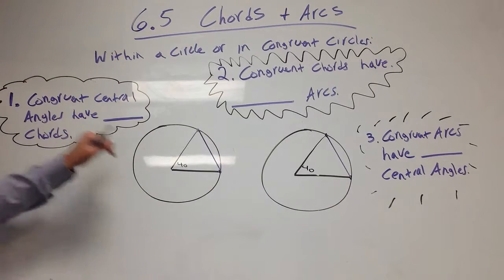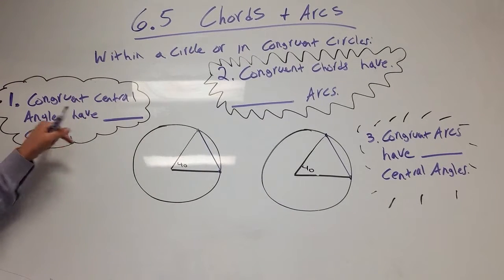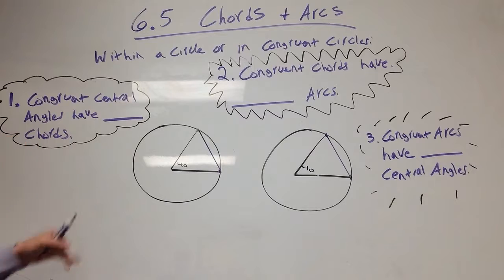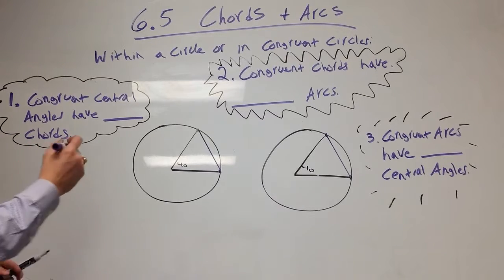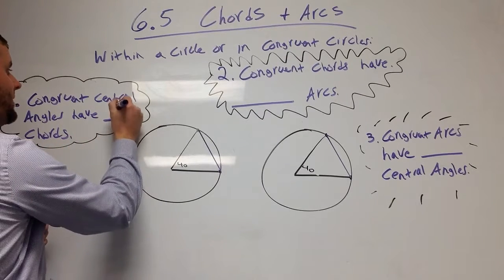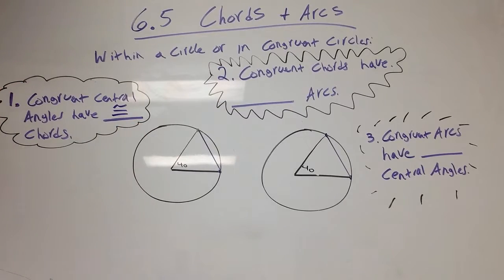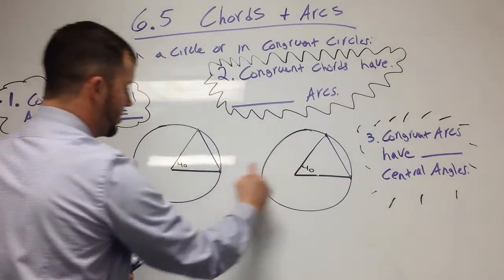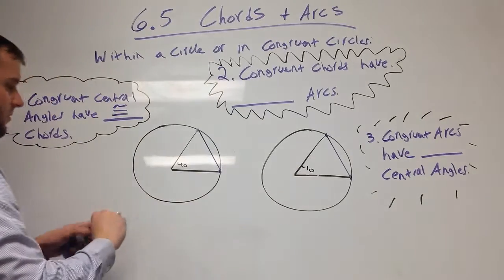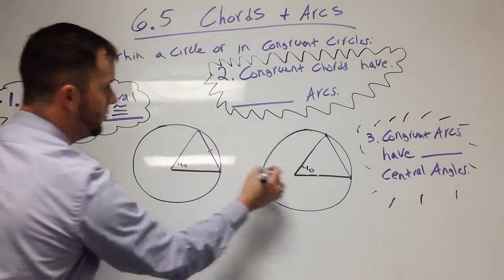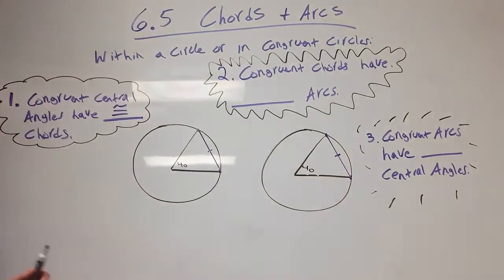So right now, both of these circles have congruent central angles. That means they have congruent chords. So automatically, if both of these circles have congruent central angles, then that tells me these two chords are going to be congruent to each other.